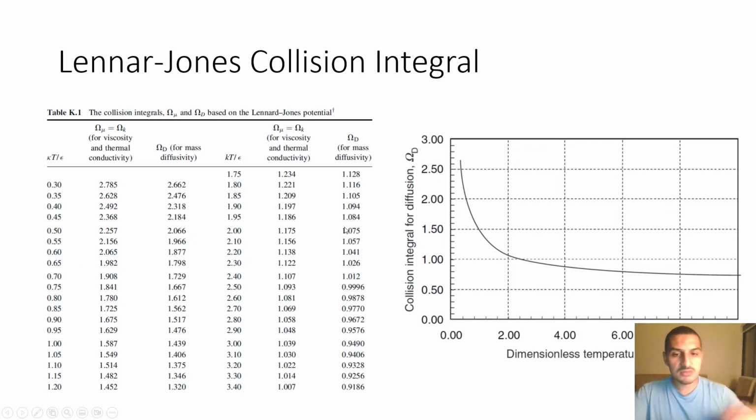So it's almost what I expected. It's around 1.1, and that's why the table is more accurate, because the scale here makes it not easy to get accurate values from the graph as it is from the table. So this is the relation between the dimensionless temperature, kappa T over epsilon, and the collision integral.